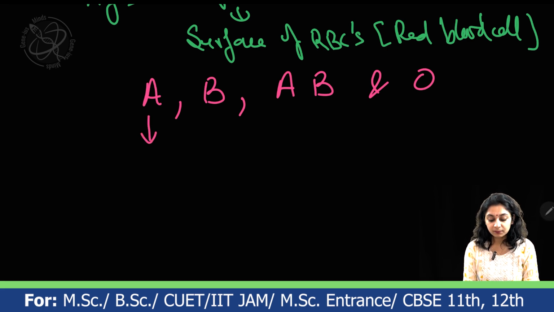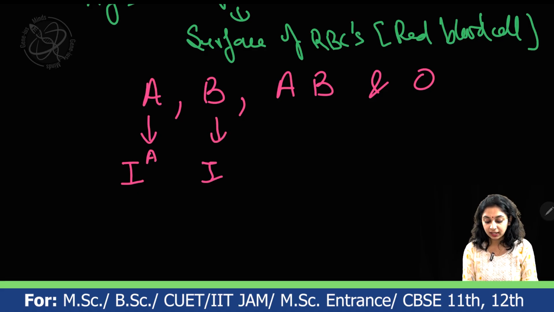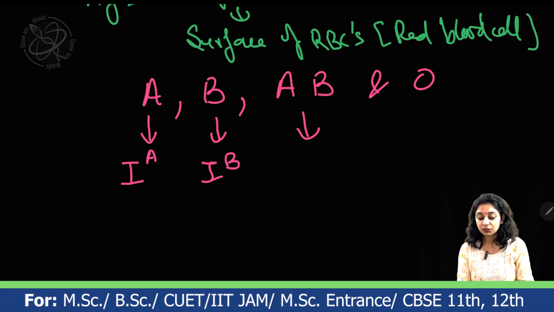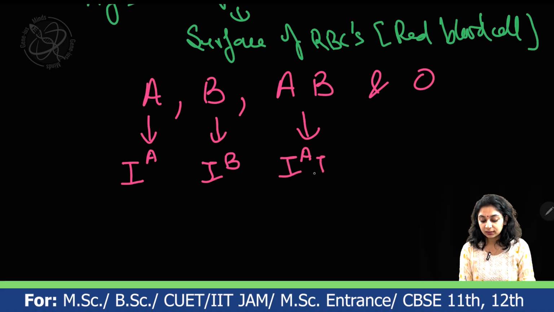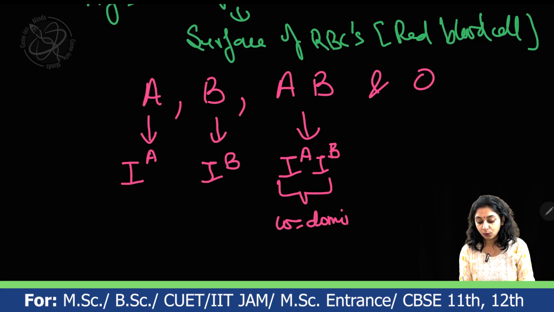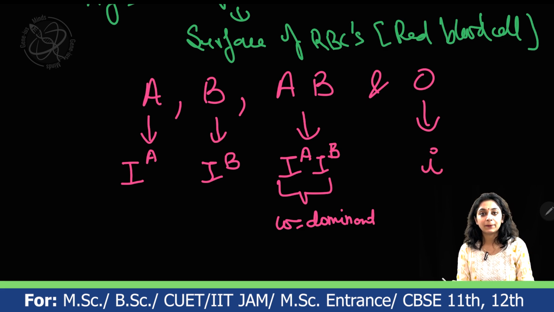It is found that blood group A is governed by the allele IA, and blood group B by IB. In individuals with blood group AB, both A and B antigens are present, so that's why we can say it is also an example of codominance. And blood group O is represented with a small i.